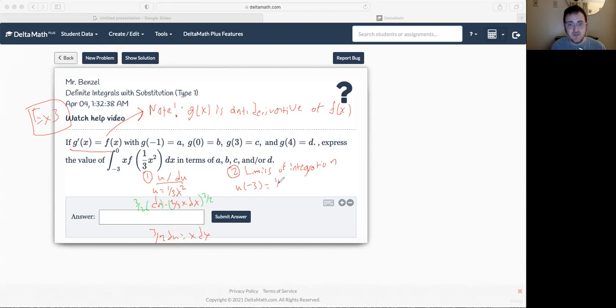So that's going to be 1/3 times -3 squared. So that's 1/3 of 9, which is 3. And then u of 0 is 1/3 of 0. And then I'm going to write this as an integral in terms of u.